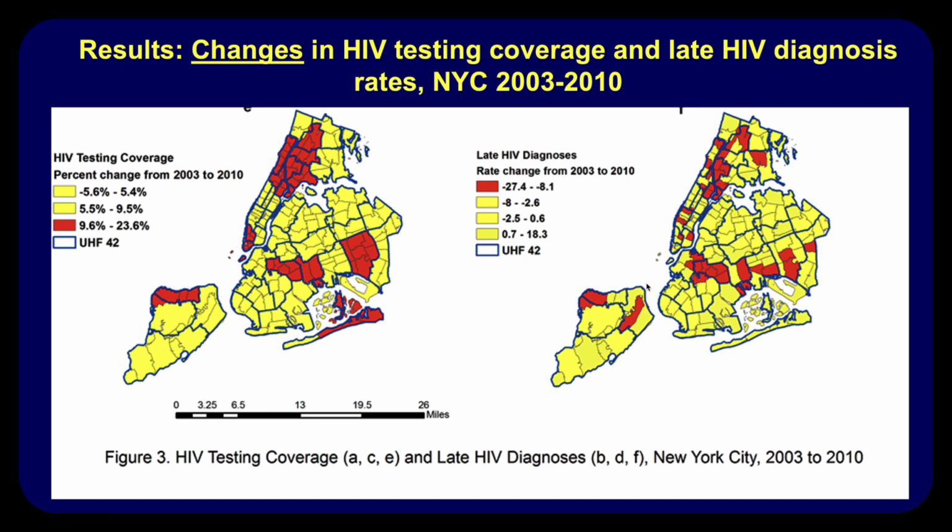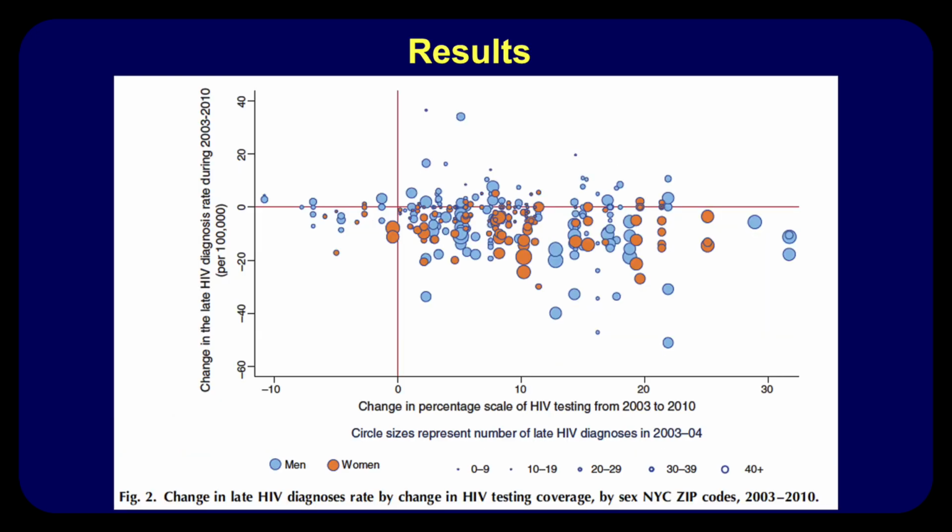And on the right, we're seeing where the rates of late HIV diagnosis changed the most, and the red areas show those areas where it declined the most. So just visually, you can get a sense of some overlap: where HIV testing coverage increased the most also looks like it's correlated with where late HIV diagnosis rates went down the most.